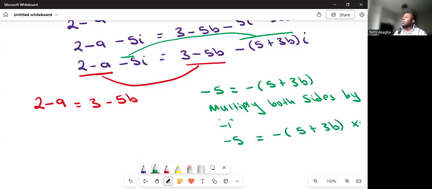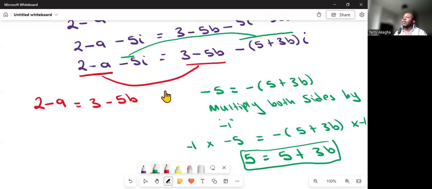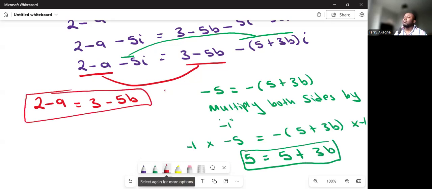Multiply here by minus 1, you multiply here by minus 1, and that'll give you 5 is equal to 5 plus 3b. Now we had this part on the right-hand side, and we have this part now on the left-hand side. So as you can see, the b in the right-hand side with the green pen is exactly the same b on the left-hand side, as well as the a.